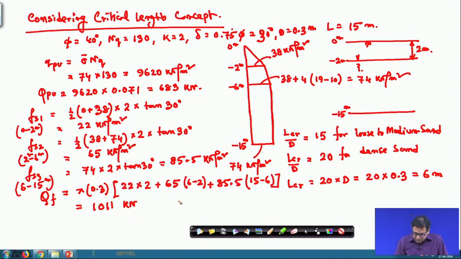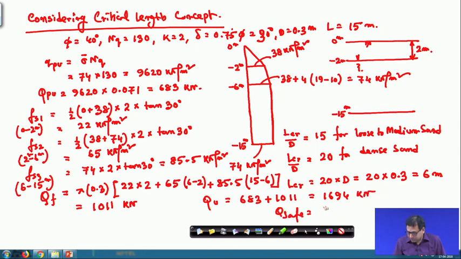So, my total Q is equal to 683 plus 1011, that is equal to 1694 kilonewton, and so Q safe is equal to 1694 divided by 2.5.